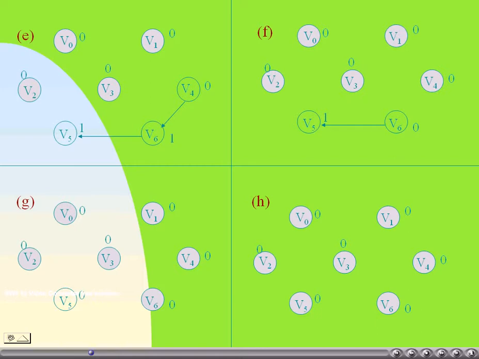Finally, V5 is also selected. Its indegree value is 0. Like this, the nodes, first V2, then V0, V1, V3, etc., are printed as output. That is the topological order of this graph.